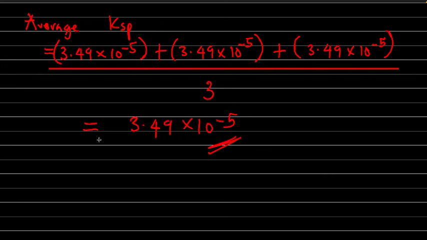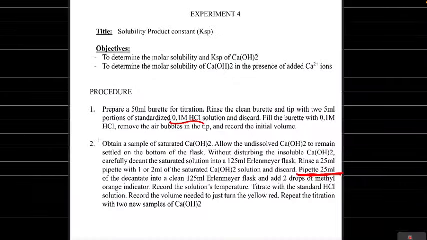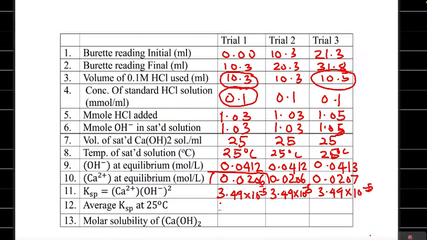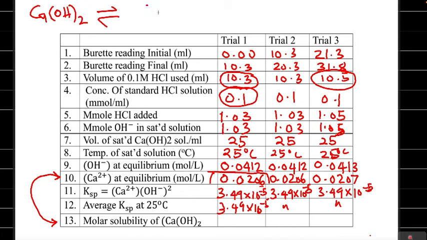Now, you come back here. The same thing here, 3.49 times 10 to the power of minus 5. The same thing here, the same thing here. And there you go, you get your answer, all right? Now, for this number 13, the answer you're going to get as number 10 will be the same thing as number 13 because of the same molar solubility. Molar solubility in this case is the same thing as molar concentration. If calcium hydroxide should dissociate, you're going to have calcium plus 2OH minus.